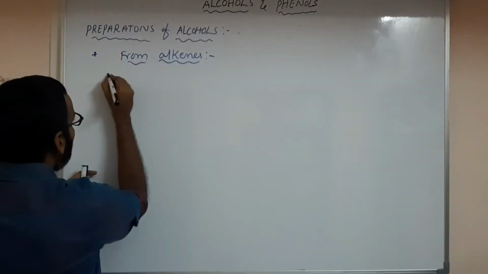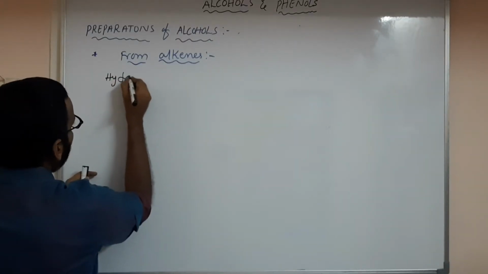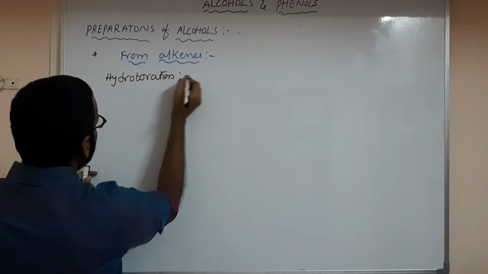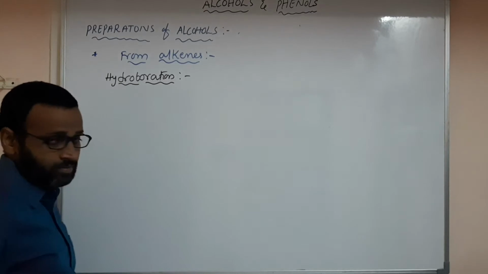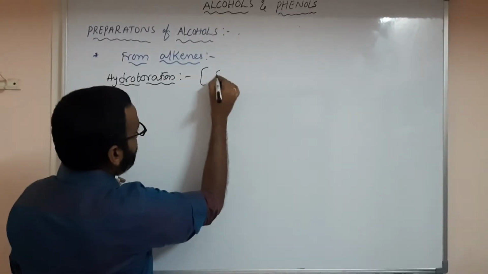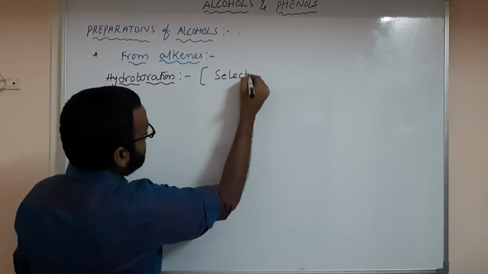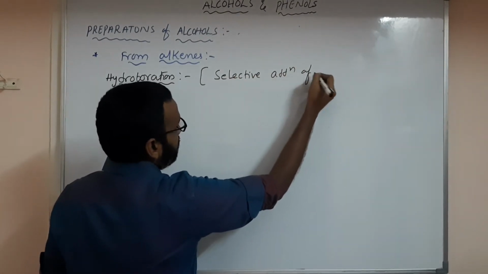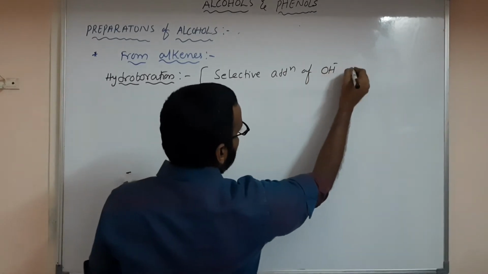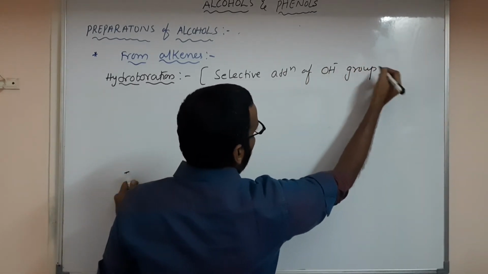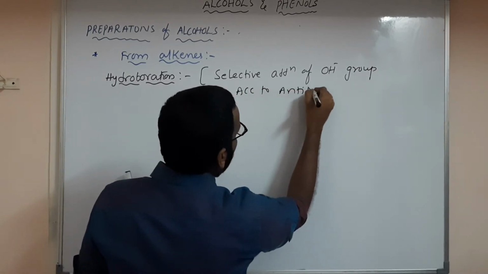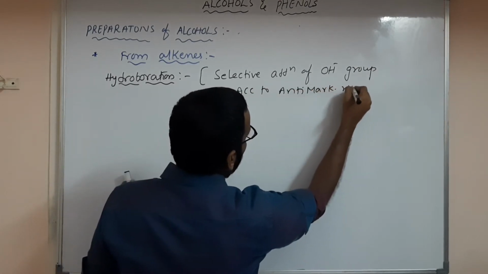But from alkene, you have hydroboration. Hydroboration will give selective addition of the OH group according to the anti-Markovnikov rule.